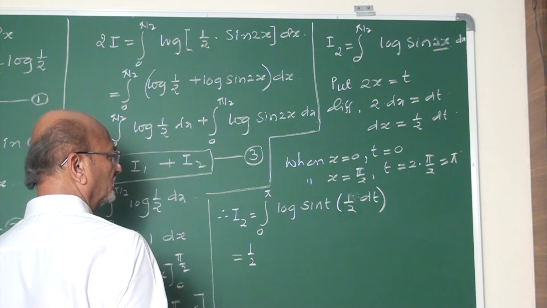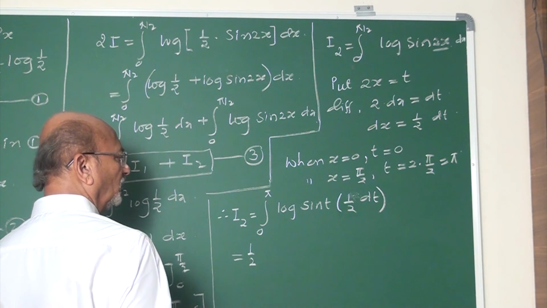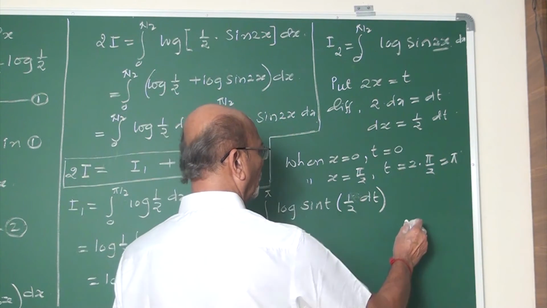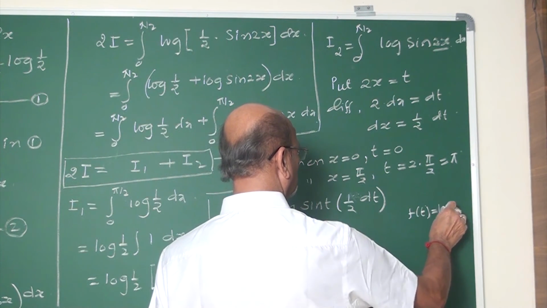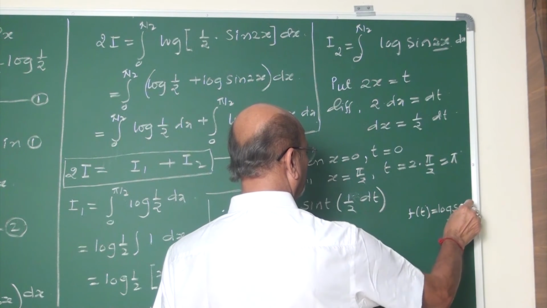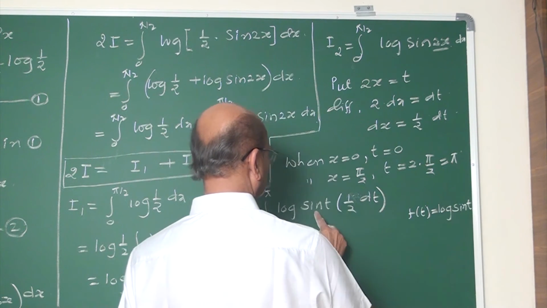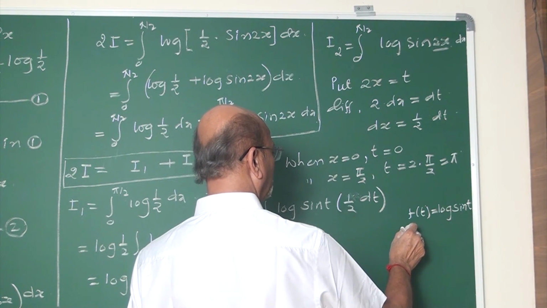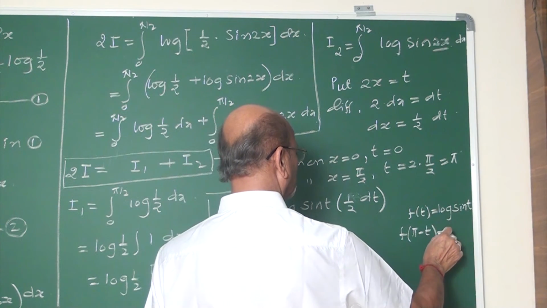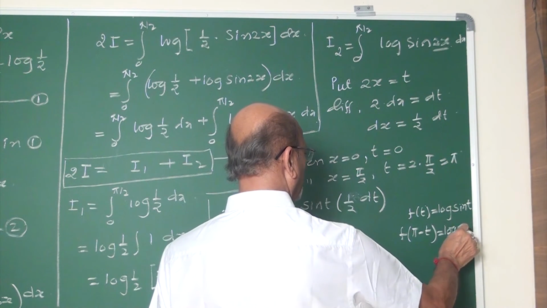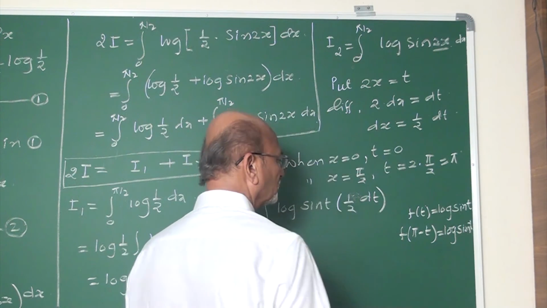Once again, what is your f of t? Your f of t is log sin t. If you replace t by pi minus t, f of pi minus t is log sin of pi minus t, and sin of pi minus t is sin t itself.